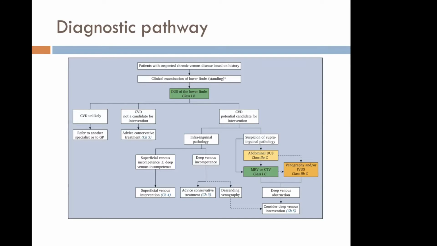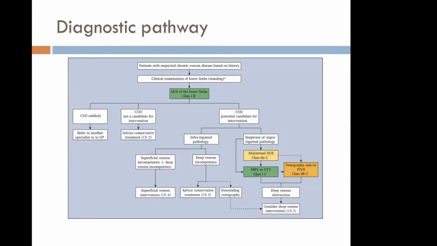But if the patient does have chronic venous disease and is a potential candidate for intervention, and they only have infrainguinal disease, meaning the disease is below the inguinal ligament, if it's the superficial venous system that is diseased, you can treat that. If it's the deep venous system, then mostly we'd use conservative treatment, not operations, or you may consider treating them in very selected high volume centers that may consider things like valvular transplantation or valvular reconstructions. And I don't think anybody does that in our country.